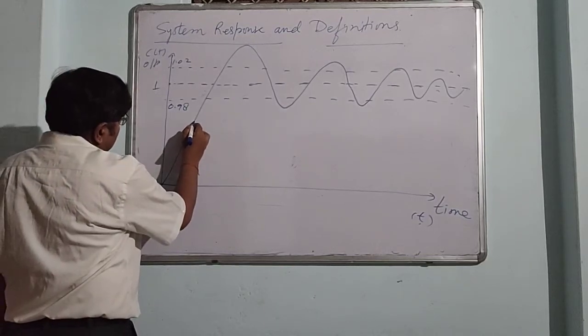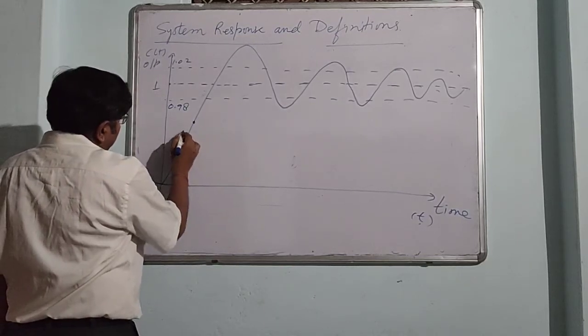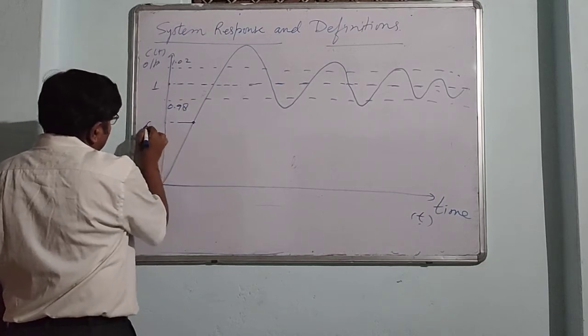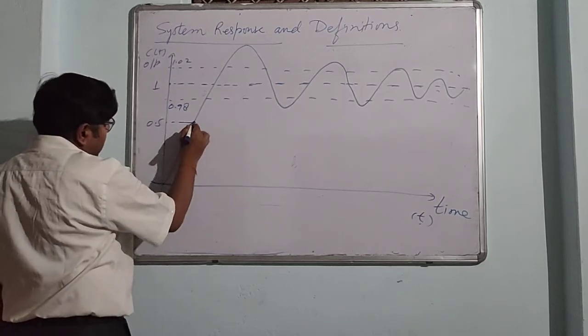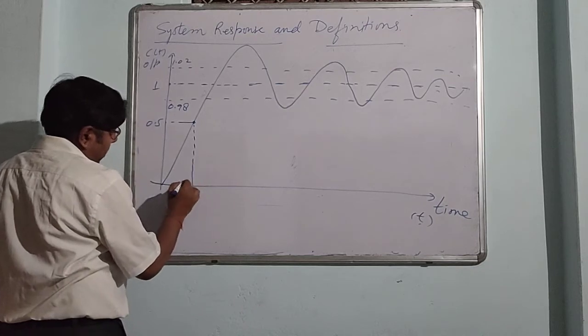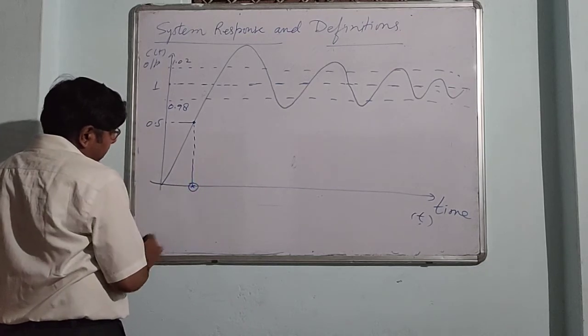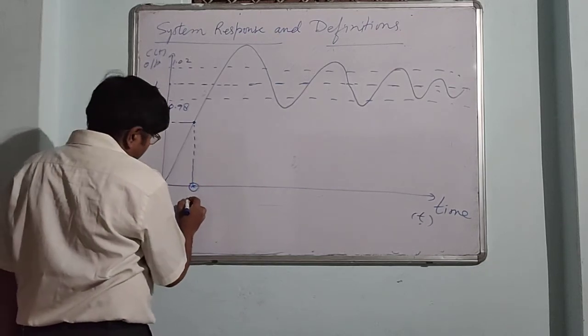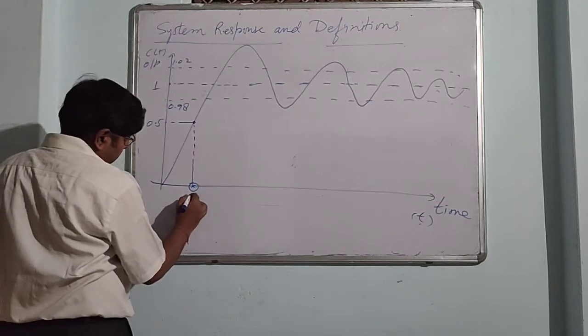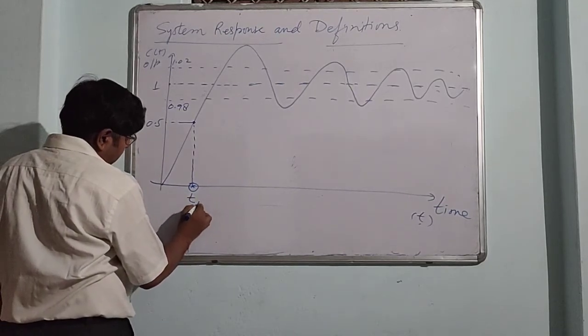So this is the system response and we have a few definitions here. Suppose this is the midpoint where 50% of the final value is reached, and this time is called the delay time, td.